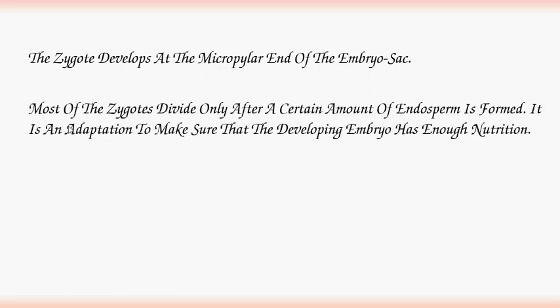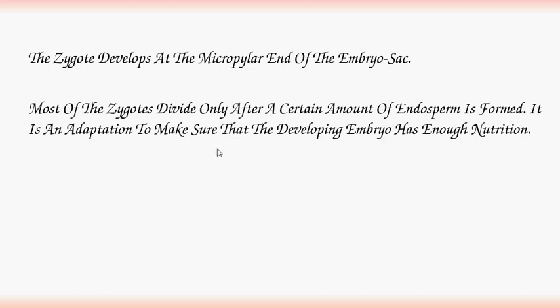Development of zygote. The zygote develops at the micropylar end of the embryo sac. Most of the zygotes divide only after a certain amount of endosperm is formed. It is an adaptation to make sure that the developing embryo has enough nutrition.